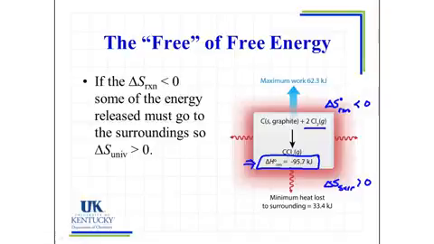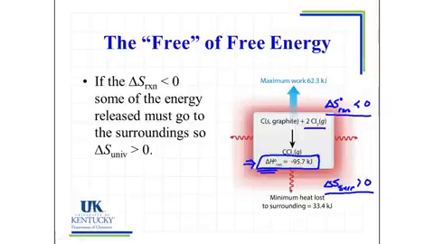And we have to have at least as much, or actually a little bit more, delta S of surroundings being positive to overcome the fact that the delta S of the reaction was negative. So some of this heat has to be going out to the surroundings in order to bring up the entropy.